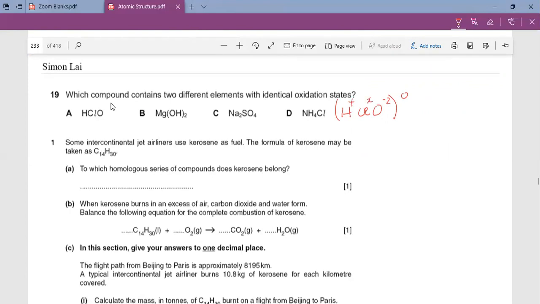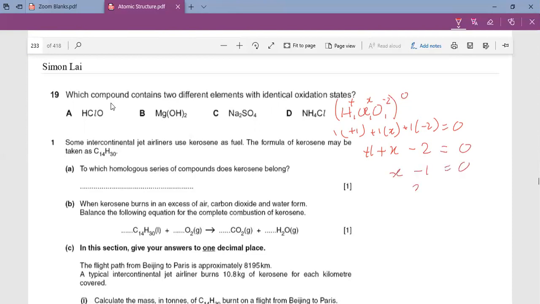So X here. Remember, it's all 1, 1, 1, okay? So it's +1 times 1 plus 1 times X plus 1 times -2 gives you 0. So +1 plus X minus 2 gives you 0. So X minus 1 gives you 0.